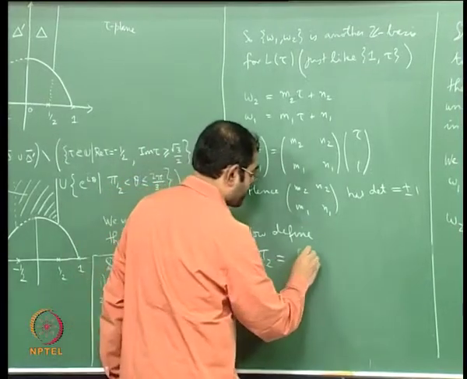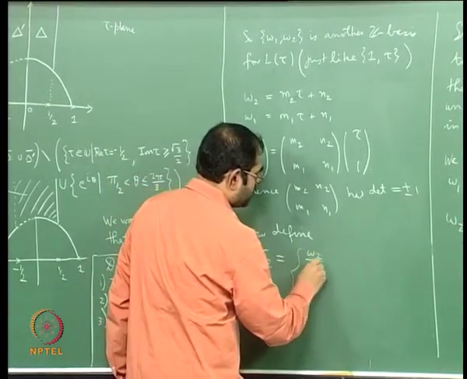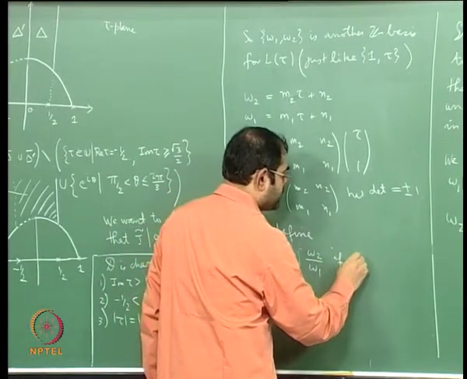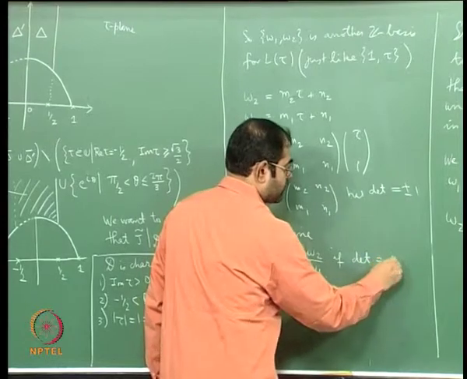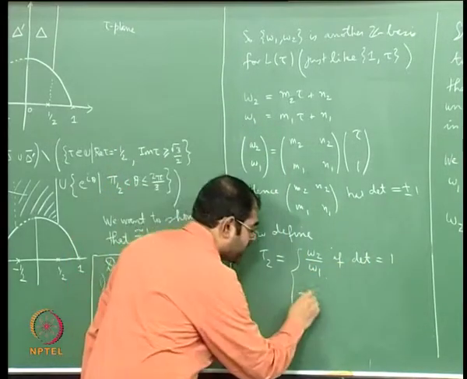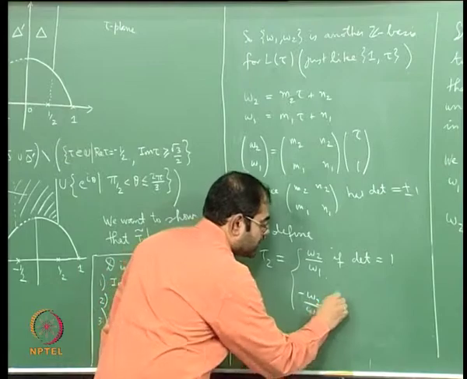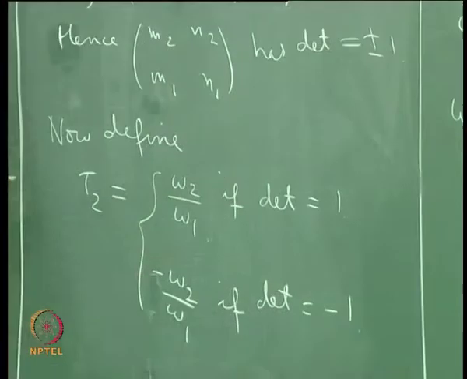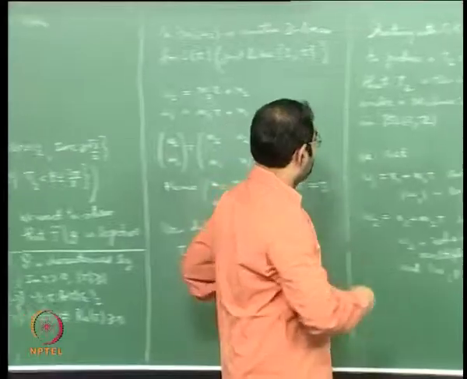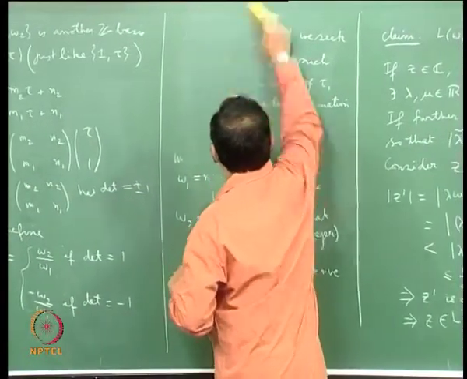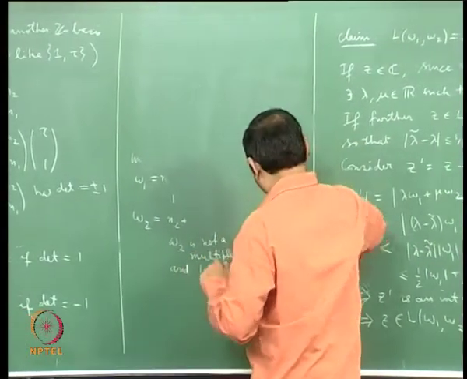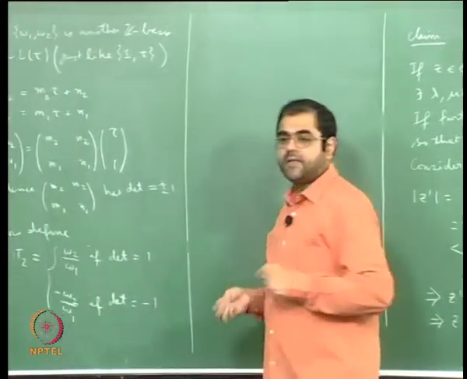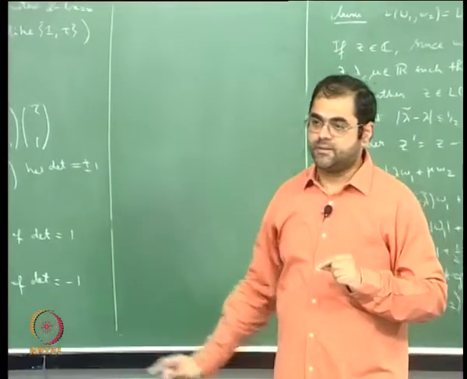You define it as omega 2 by omega 1 if the determinant above is 1, and you define it as minus omega 2 by omega 1 if the determinant is minus 1. Okay, you define tau 2 in this way. Now my claim is that, the way we have defined tau 2, it is already the image of tau 1 under a PSL2Z element.